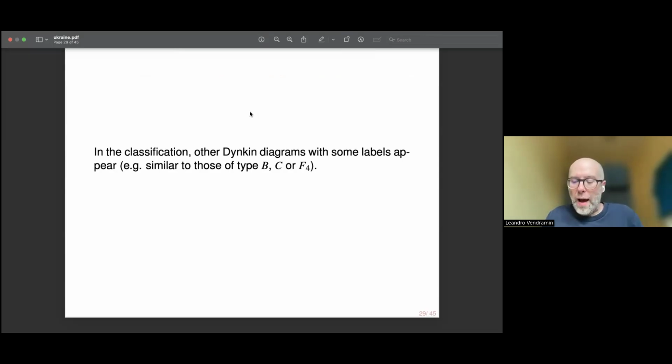What happens is that as the number of summands grows, things tend to be nicer, more classical. With only 2 summands it's a mess because it's very exceptional. With 3 summands it looks a bit better, but with a lot of summands you are very close to a very nice Dynkin classification.